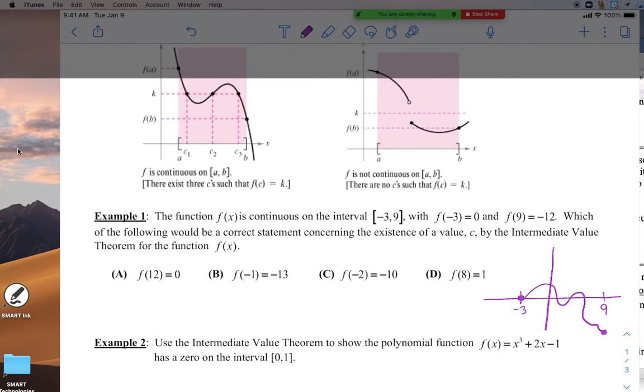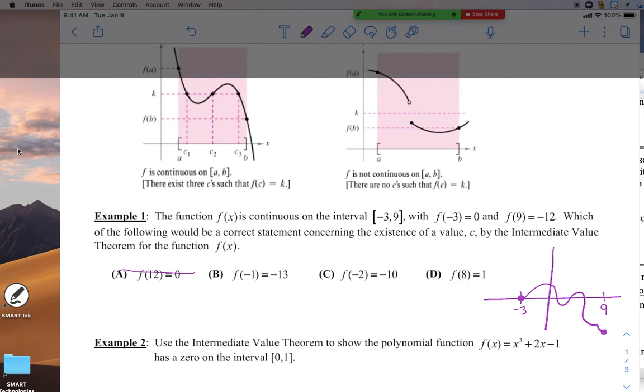It could do all sorts of things. Now I want to look at these options. F of 12 equals 0. What do you think about that? It's not in between -3 and 9, correct? So that one's a no.